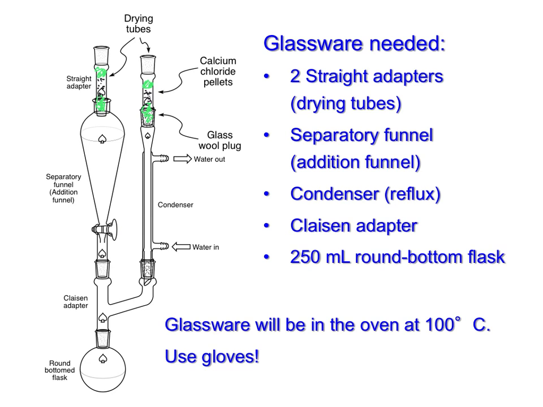Reassemble the stopcock when the glassware is cool enough, in order to be ready to do your exercise. The first lab may have to construct the drying tubes, but when that lab is done, those drying tubes can go back in the oven with the rest of the glassware, and so they can be reused. The heat drives the water out of the calcium chloride over time.